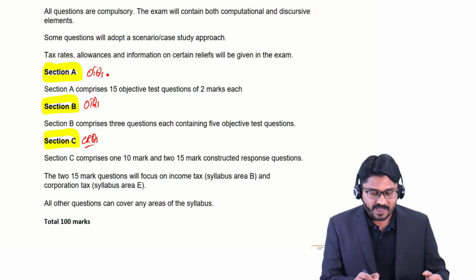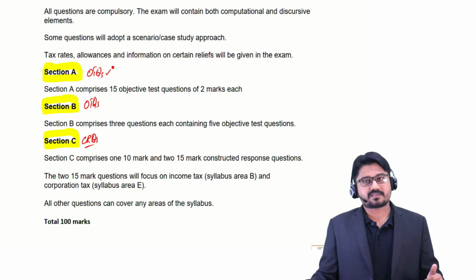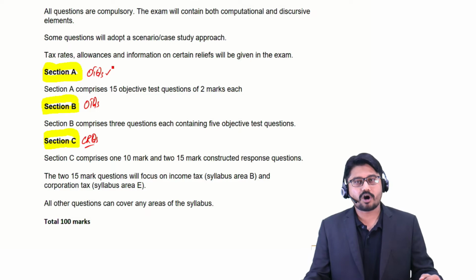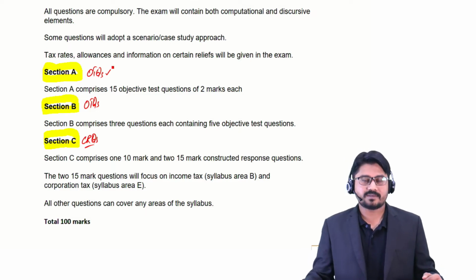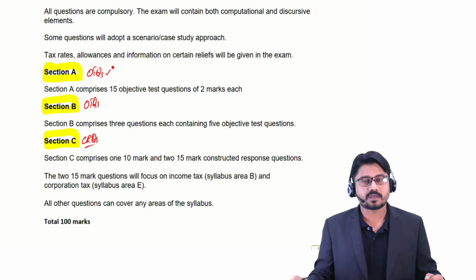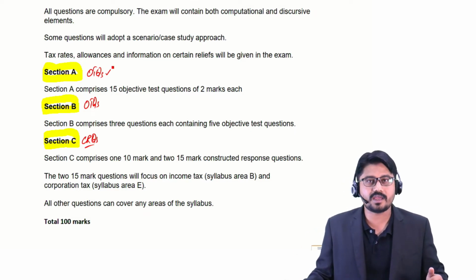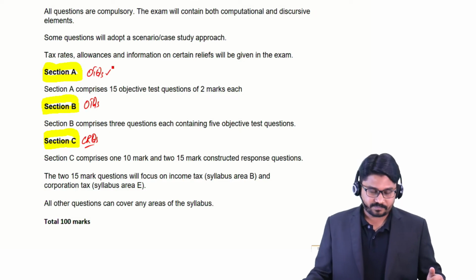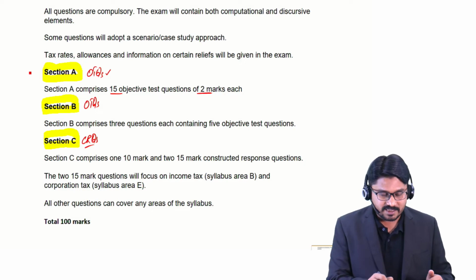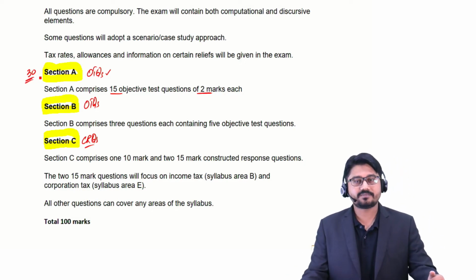So objective test questions means any type of question can be tested in Section A. It's not only MCQs, but boxes, drop down questions, select 2 choices questions, 2 option questions. All these are part and parcel of Section A of the taxation paper. And there are 15 questions of 2 marks each, so Section A is 30 marks in total.